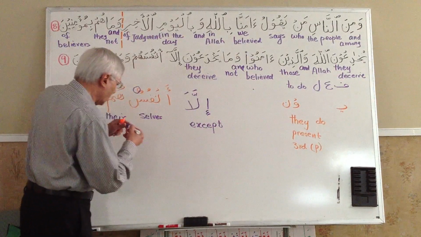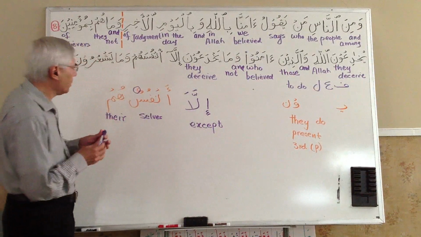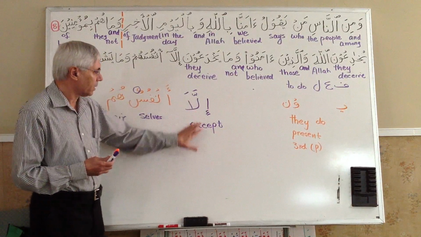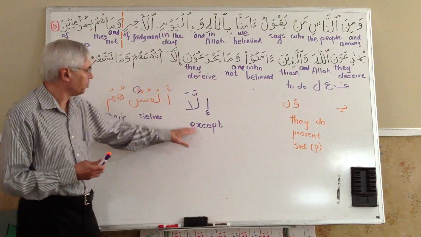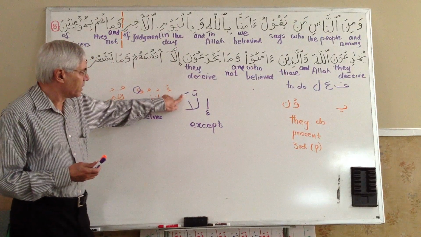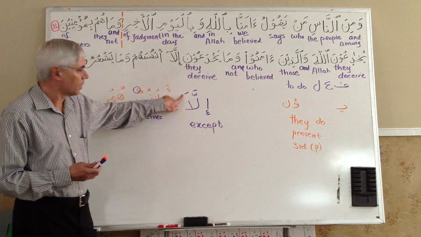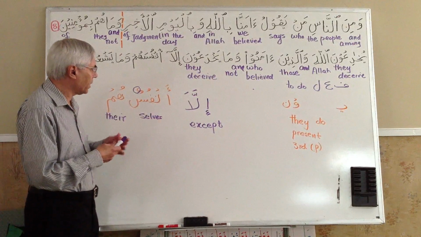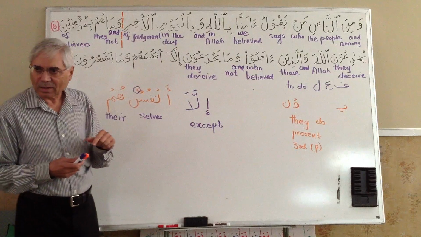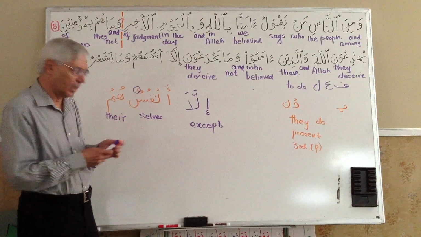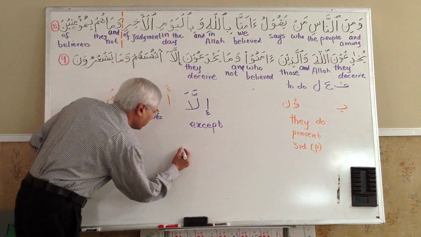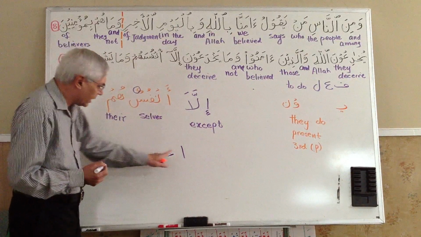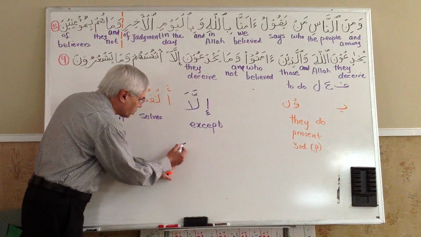So, first of all, notice this word illa. Illa means except. The last letter is alif here. But there is a rule that if you have an alif somewhere and you have a hamza after that, then this alif should be pronounced along with a mad.